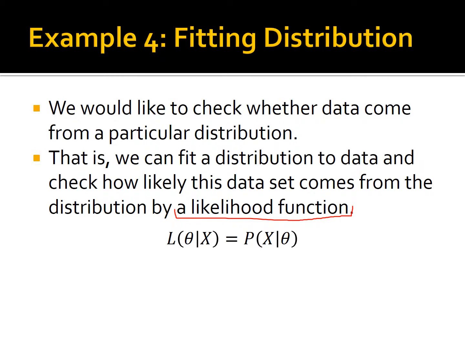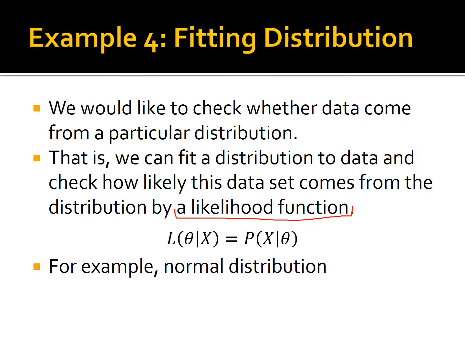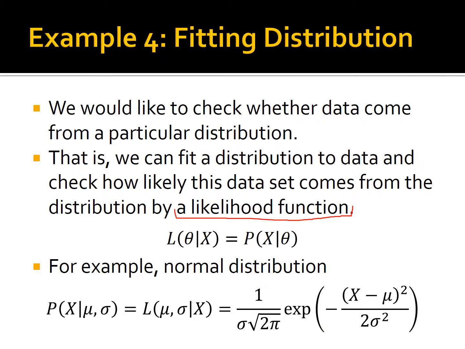Okay, so what does it mean? The likelihood of the parameter given the data point equals the density distribution of x given the theta. So, for example, in the normal distribution, I have the probability of x given mu and sigma equals the likelihood of both parameters given x.